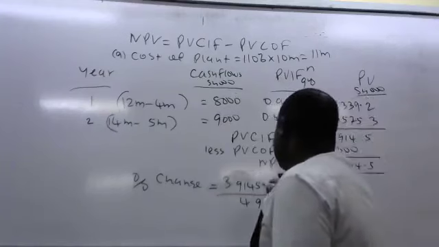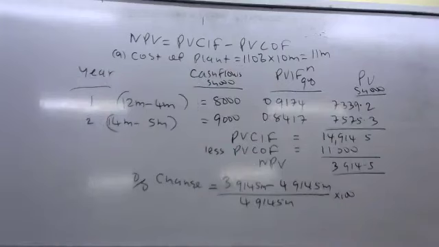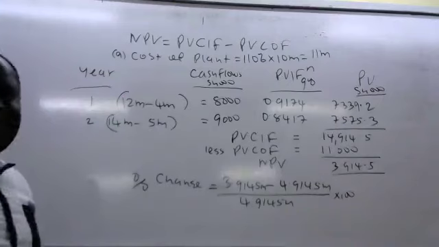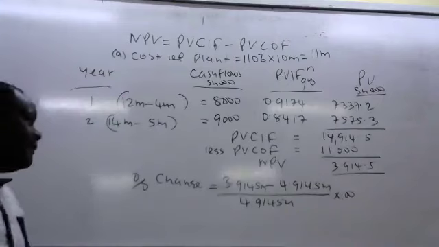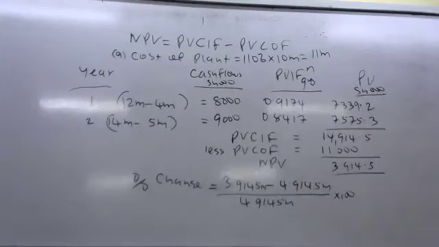Then get the new percentage change. So it has reduced the NPV.